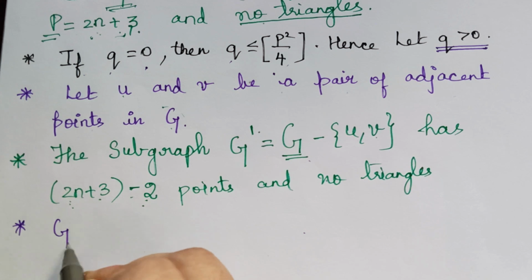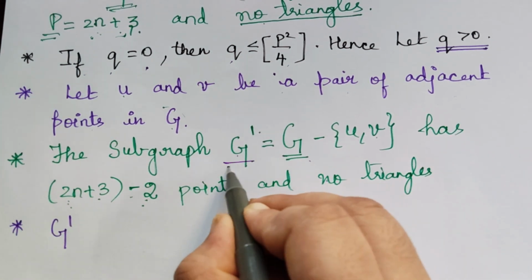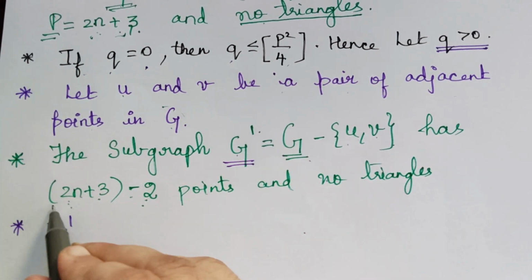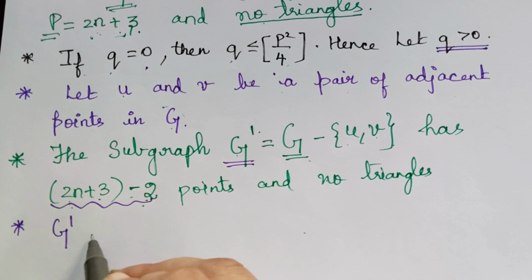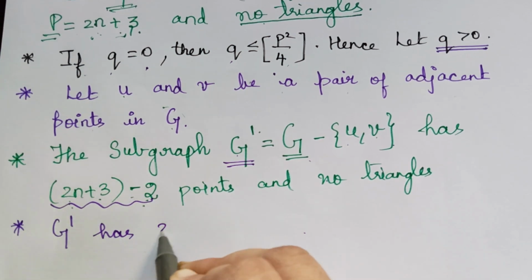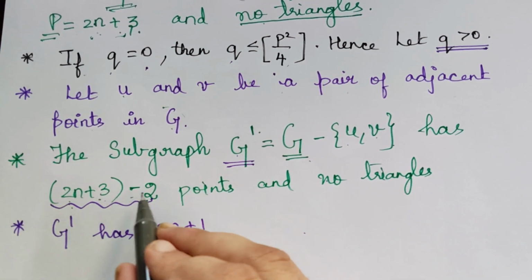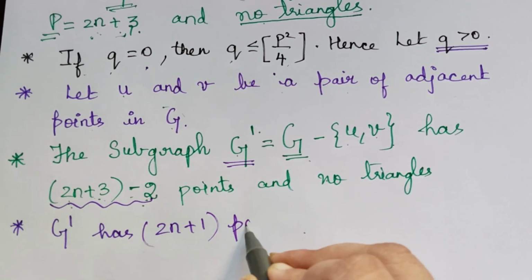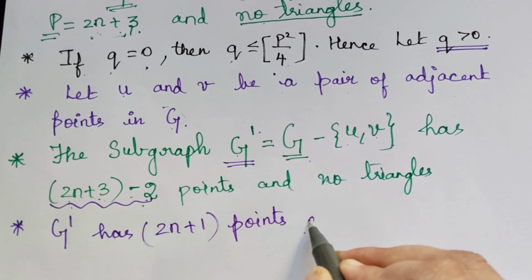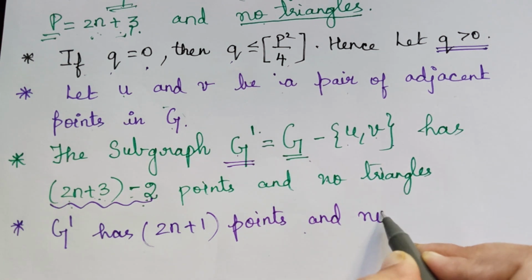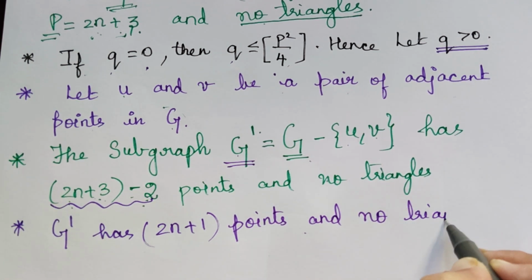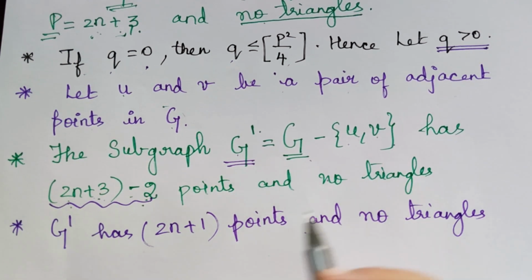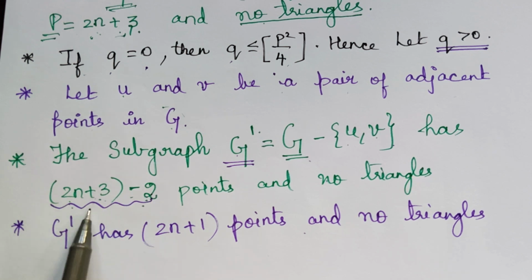So G dash, this new graph, after removing the 2 points, we get this. So G dash has 2n plus 1 points, because 2n plus 3 minus 2 is 2n plus 1. So these many points it will have, and it has no triangles. That also we should mention. Now after removing these 2 points, what is happening?